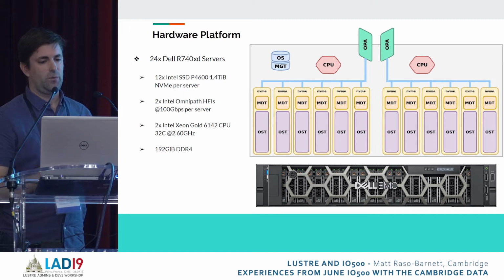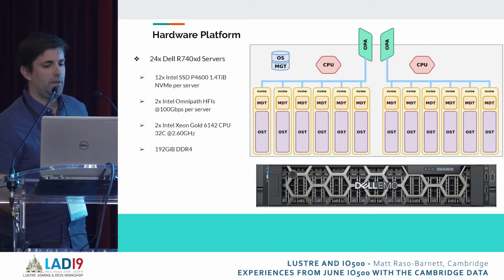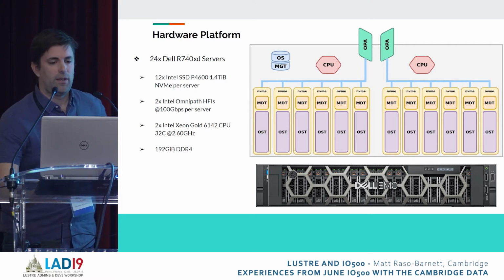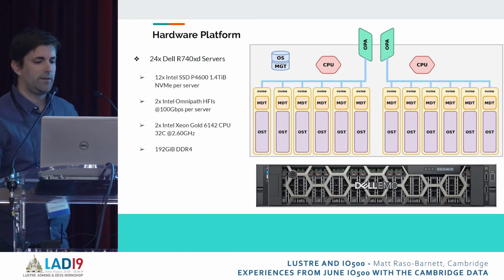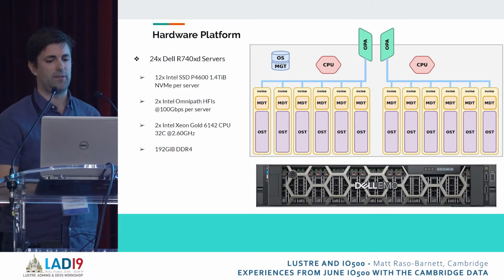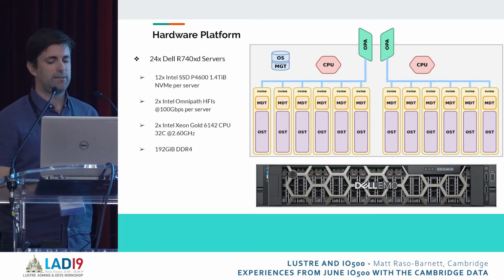We're using Dell R740xd servers, each of which has 12 NVMe drives, and we have 2 Intel OmniPath HFI cards per server. These are really designed for high performance. You'll notice that we don't have any RAID card or RAID in this system, and the reason is that we made a conscious choice that we're looking to use this in an ephemeral way.